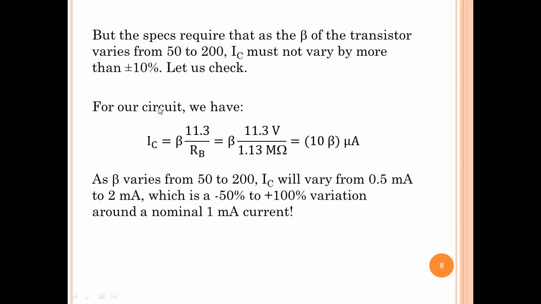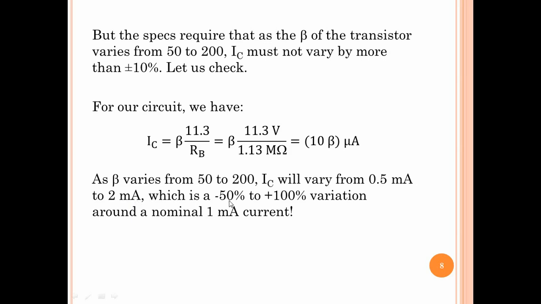So let us check. We have for our circuit IC equal to beta into all this, and now we found a value of RB, so we substitute it. So we get IC equal to beta into 10 microamperes, because this is megaohms. So how does IC vary as beta varies? As beta varies from 50 to 200, IC will vary from 0.5 milliamps to 2 milliamps, around its nominal value of 1 milliamp.